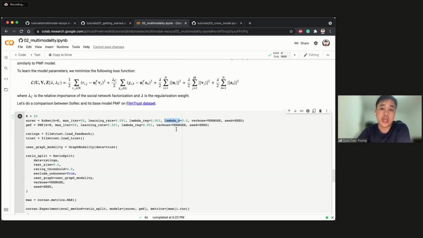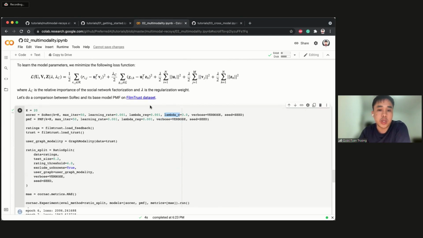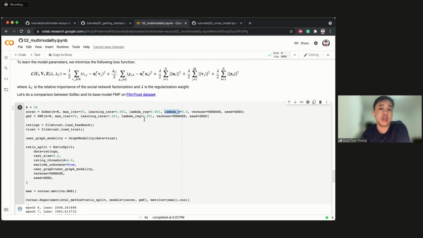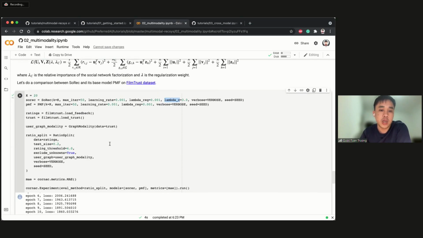It's quite sensitive, and I just want to highlight that it is a part we actually want to look at when using the SoRec model. In this particular example, we use the FilmTrust dataset. As I mentioned earlier, we use it with the social network to demonstrate the concept.